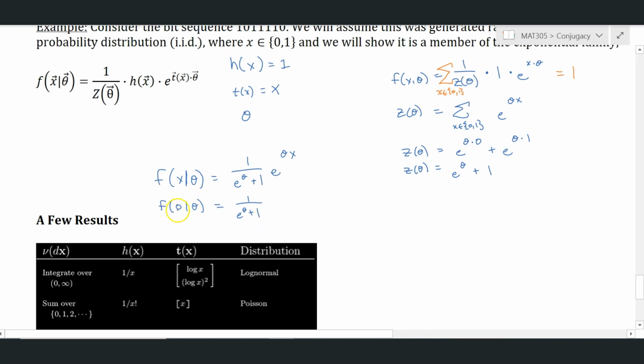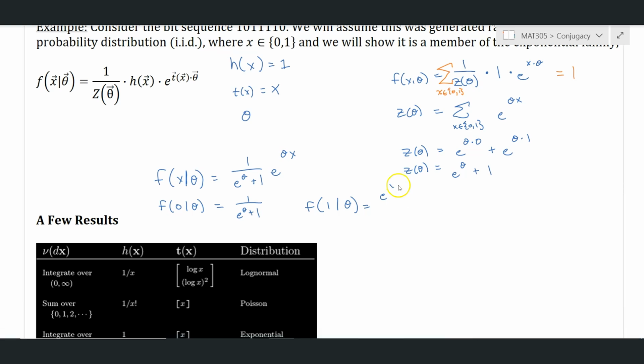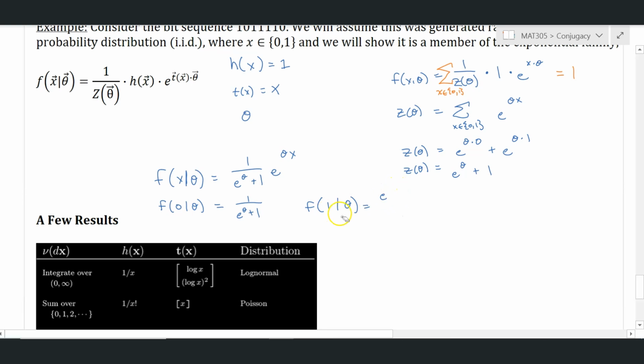Depending on the value of theta that we give it, this will be the probability. And the probability of x being a 1 given theta will be e to the theta, plugging in 1 for x, and 1 times theta is theta, over e to the theta plus 1.